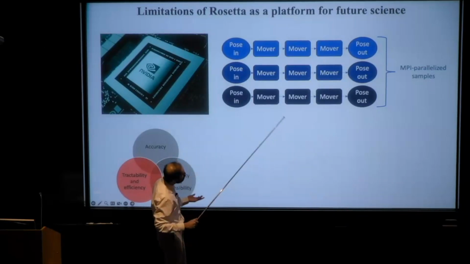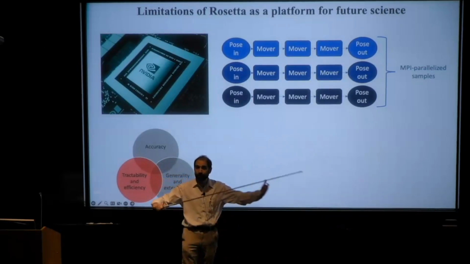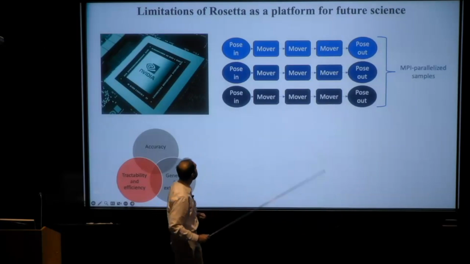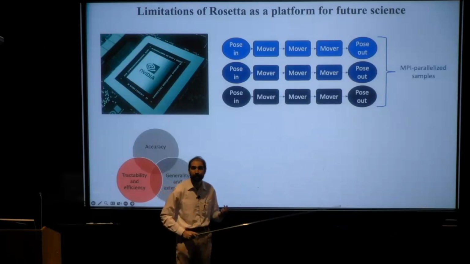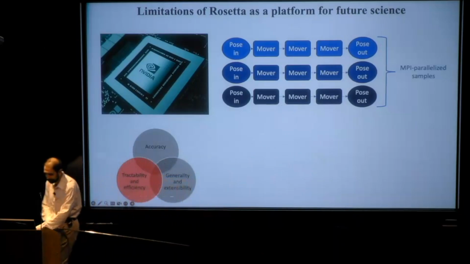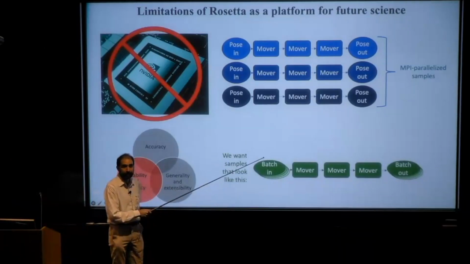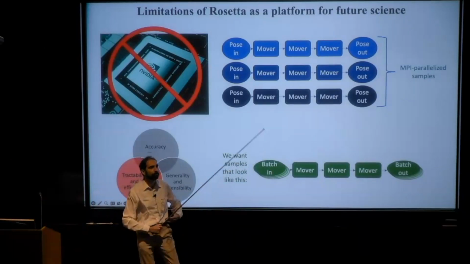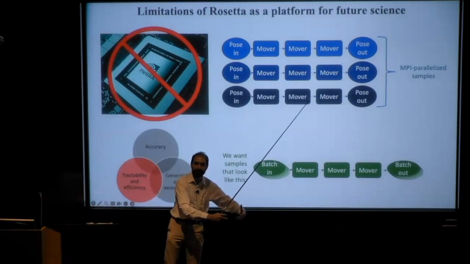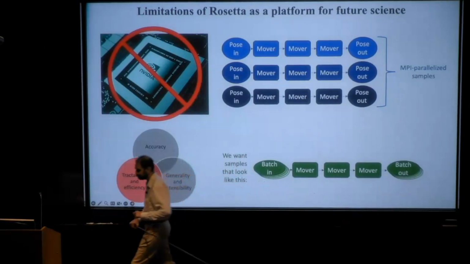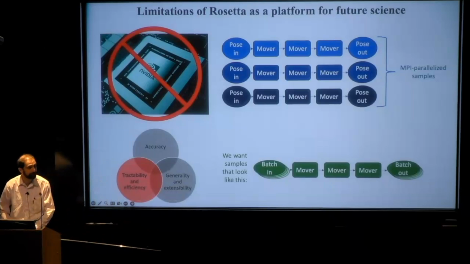This is fairly amenable to distributed computing, to lots of CPUs working independently on a problem, but it's not very amenable to GPU computing. What we'd like for GPU computing is a whole batch of structures in, a series of operations that you perform together on each batch, and then a batch of results out. And that would require completely re-architecting the software.